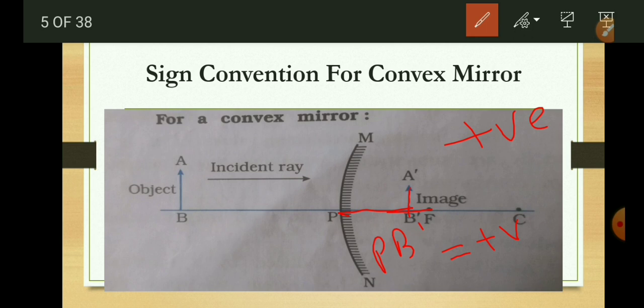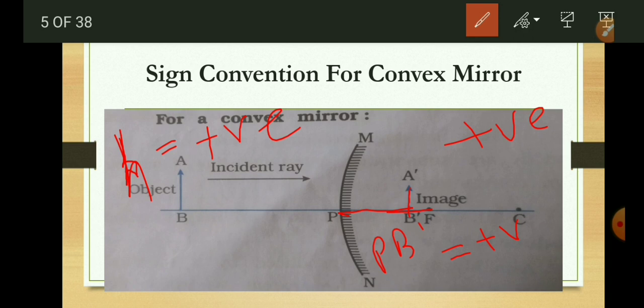Height of object is positive. So remember, in concave mirror and convex mirror, the height of object will remain positive in both cases, because we place the object in front of the mirror, perpendicular in the upward direction to the principal axis. We denote height of the object by small letter h, and it will always be positive for both concave and convex mirror.